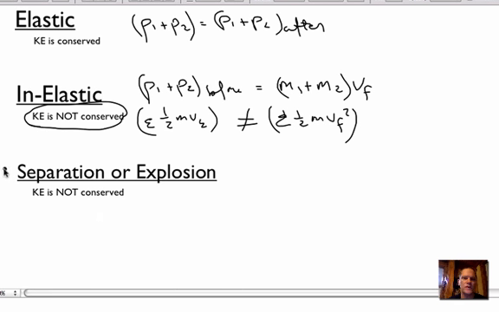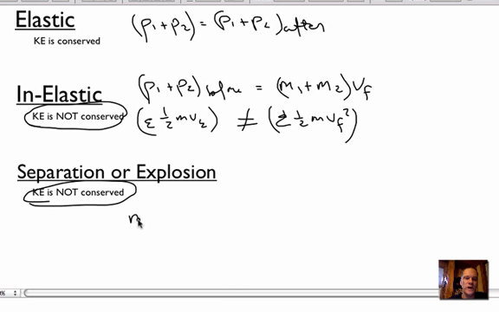There's also a third type of interaction where two objects separate or there's an explosion. So you step off a boat or you have fireworks. So the sum of all the individual particles added back up equal each other. Again, kinetic energy is not conserved.